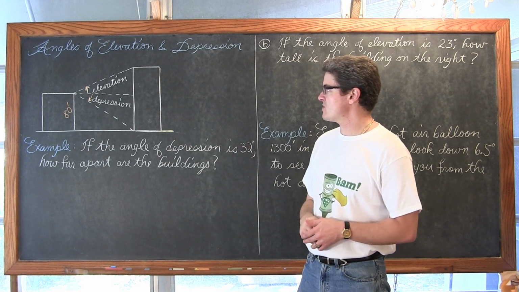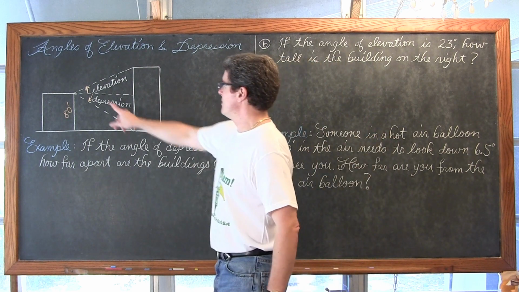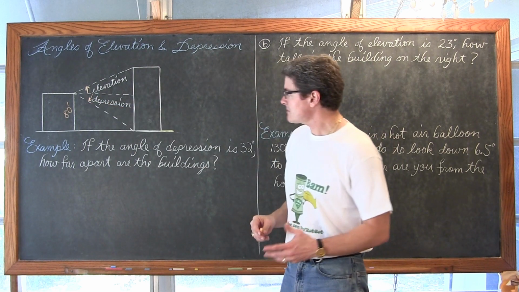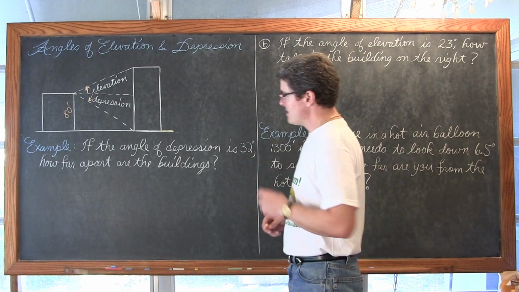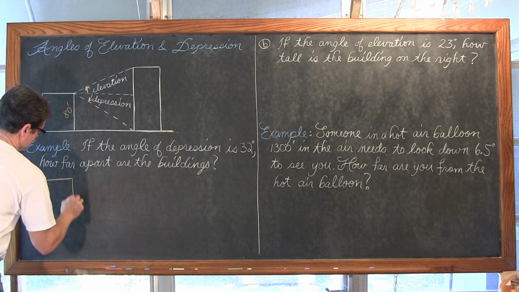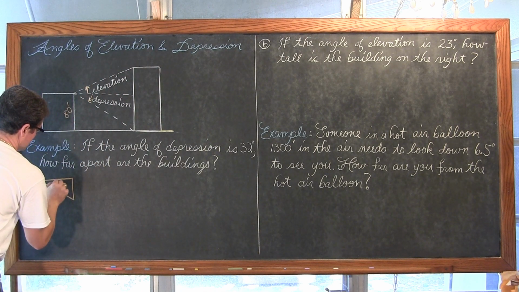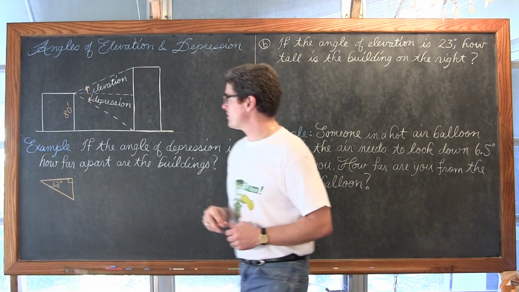If the angle of depression is 32 degrees, so we're going to focus in on this little angle here being 32 degrees, how far apart are the buildings? So what I'm going to do is just draw a quick little right triangle here.